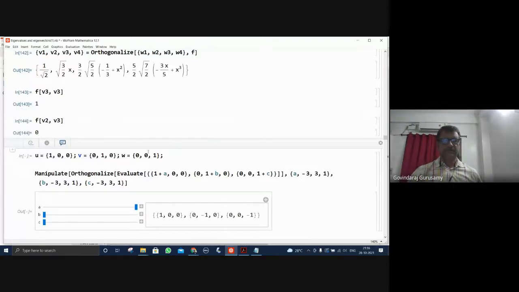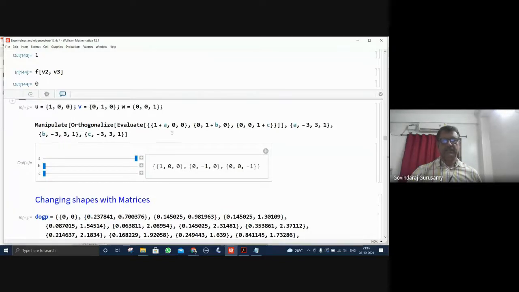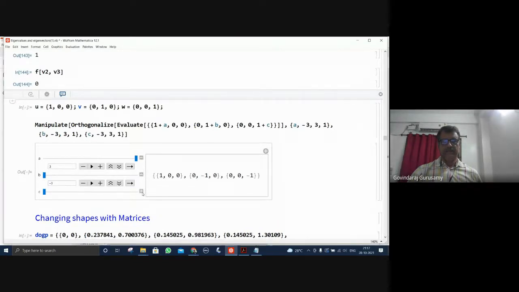So this is how this is being done, and this orthogonal property can be checked now for any value of A. This is manipulate U, V, W: 1, 0, 0, 0, 1, 0, 0, 0, 1. These are orthogonal vectors. Now, orthogonalize the value, evaluate this 1 plus A, 1 plus B, 1 plus C, vary this A, B, C. Now we can change the parameters and look at this.